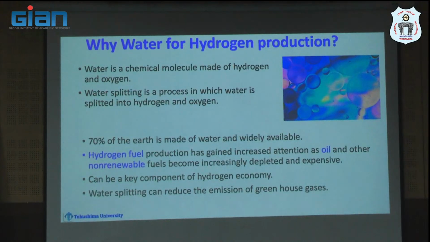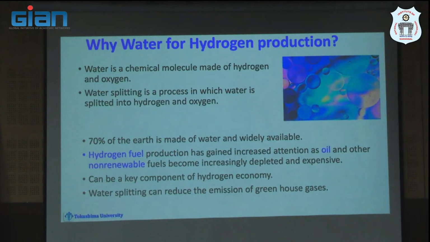Now, we want to create hydrogen. Why water? Why only water? Because water is widely available. Of course, water is made up of H2O, hydrogen and oxygen. Since water consists of hydrogen and oxygen, and we are looking for hydrogen, we will choose water.